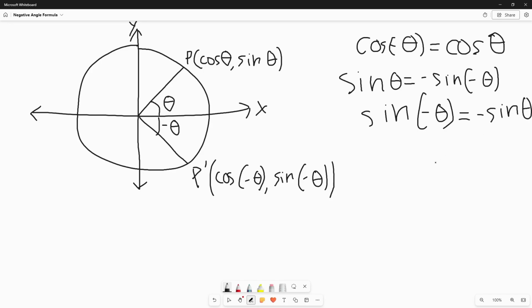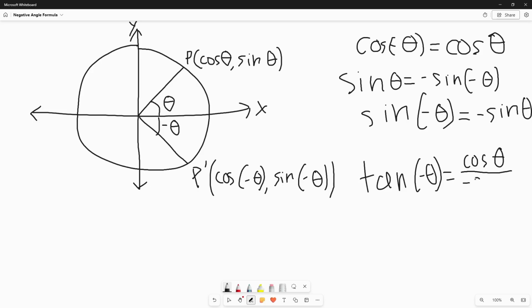We can also figure out what the relationship between tan negative theta and tan theta is by using these identities we have discovered. So, tan negative theta is equal to cosine theta, because normally we would put cosine negative theta on the top, but it's equal to cosine theta, so we can replace it with that.